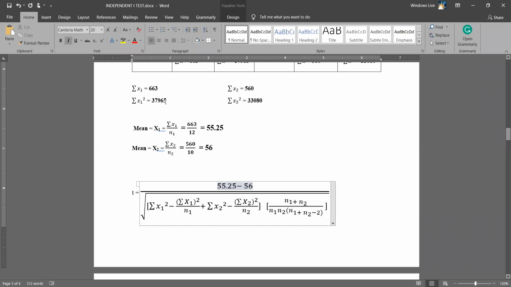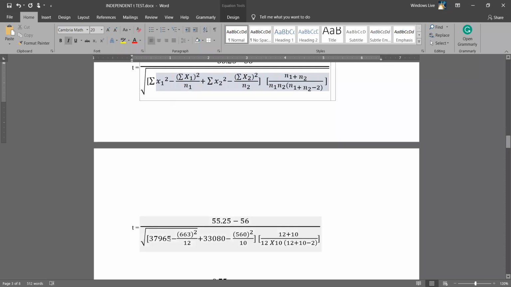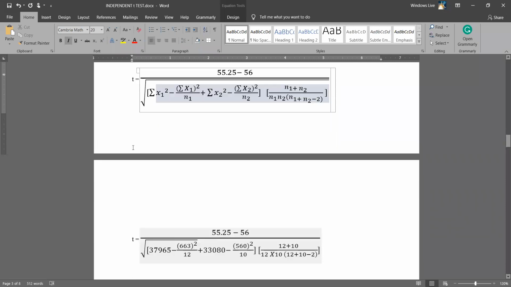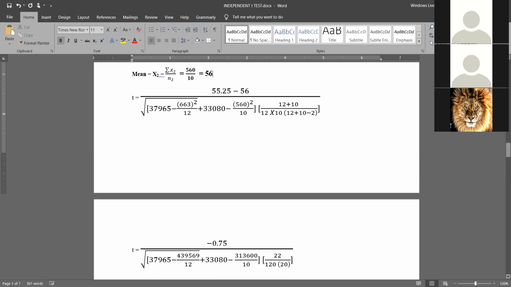Sigma x squared for group 1 is what? It is 37965.